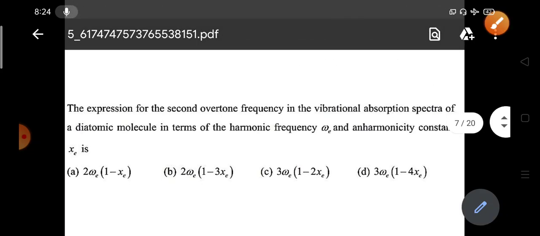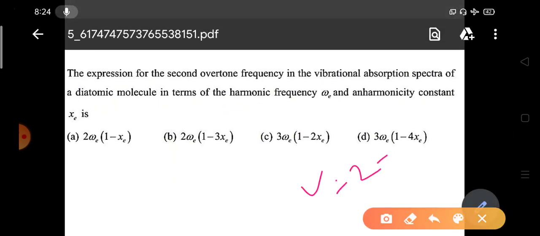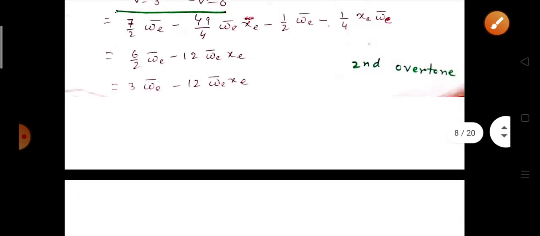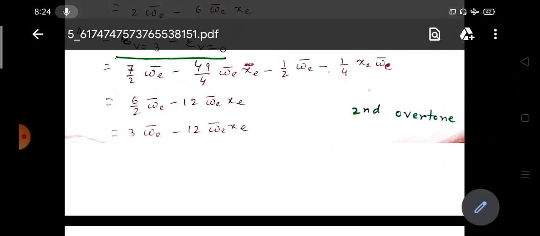So the second overtone frequency, occurring from V equals 3 to V equals 0, will give you this expression for the absorption spectra: 3 omega e minus 12 omega e xe.